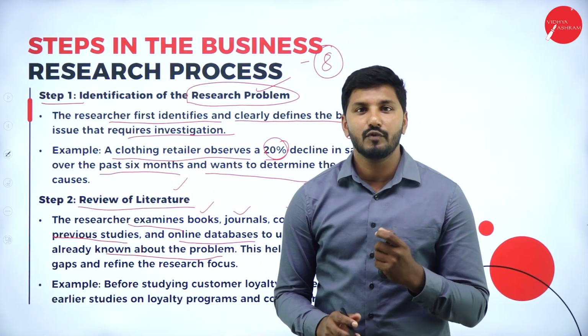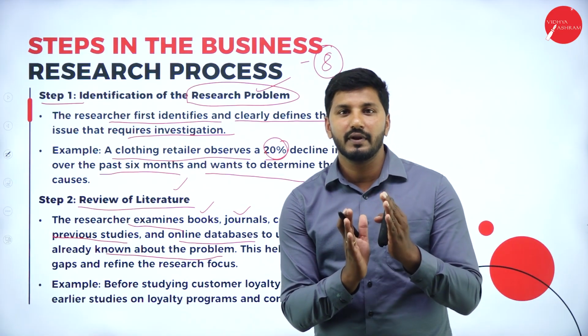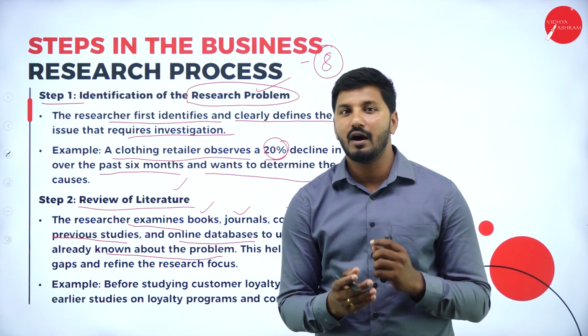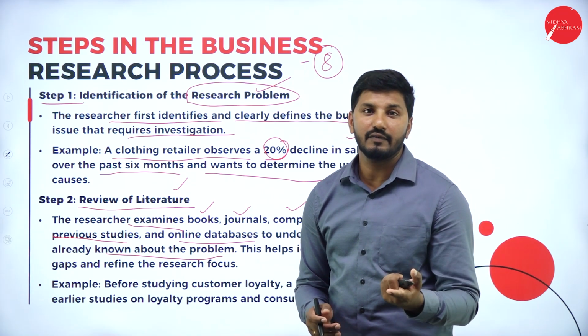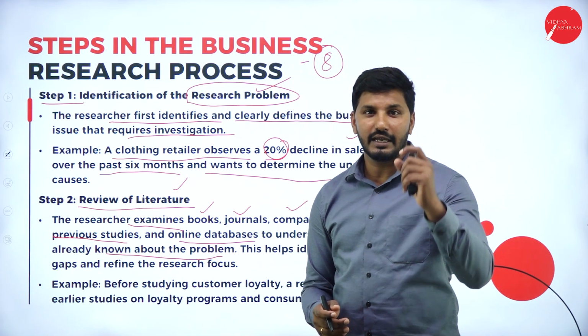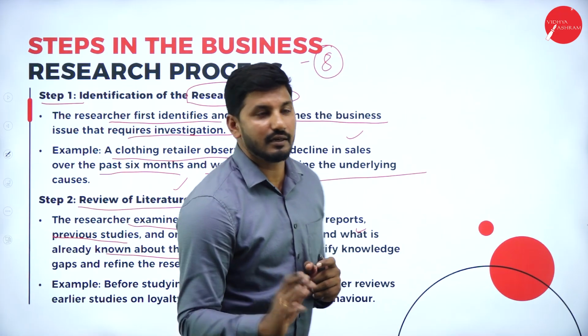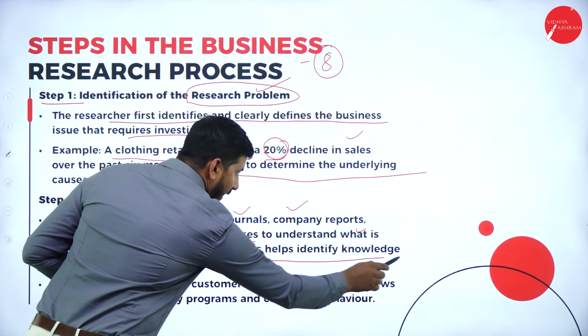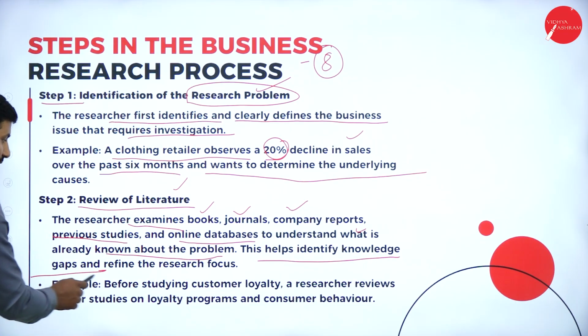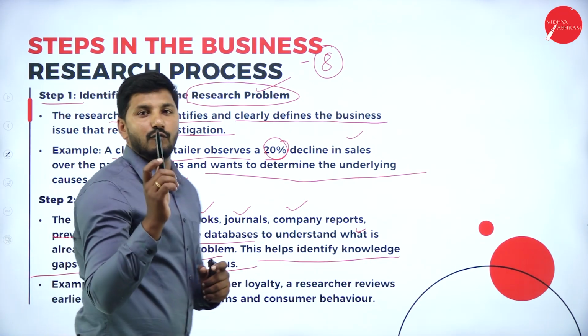The literature review gives you the already written data. We can know what has already been given. From that we have to identify the gap, and then we conduct the research. So it helps to identify the knowledge gap and refine the research focus.